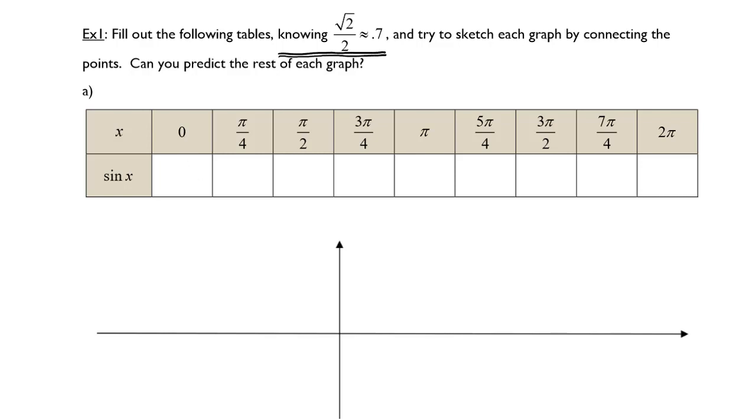We know that the y value, when we have an angle of 0 on a unit circle, is 0. That's how high you've gone in the y direction. At pi over 4, we have gone a height of root 2 over 2.